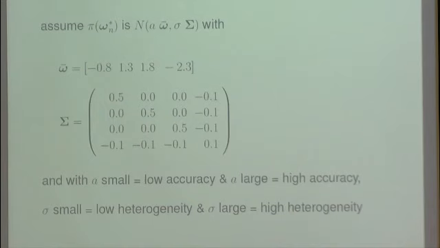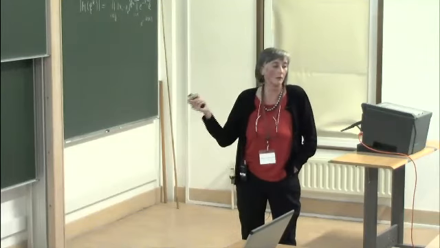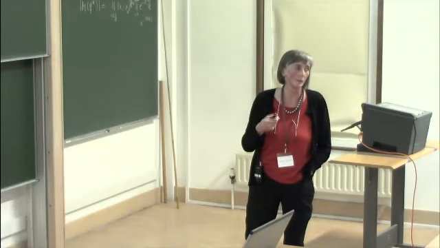So if alpha is small, it's called low accuracy, because if the parameters are small, the error is large. Okay, and then you don't get very reliable information out of the choices. So if the a is large, the coefficients are large, the error term is relatively small, and the choices are very informative about the parameters of this person.